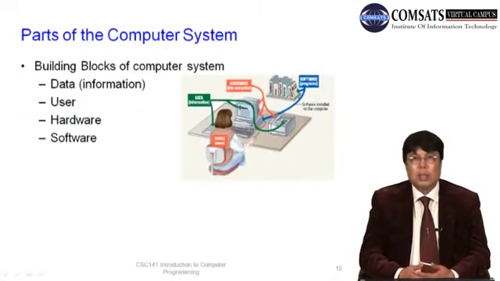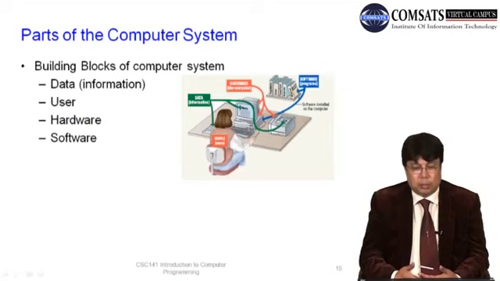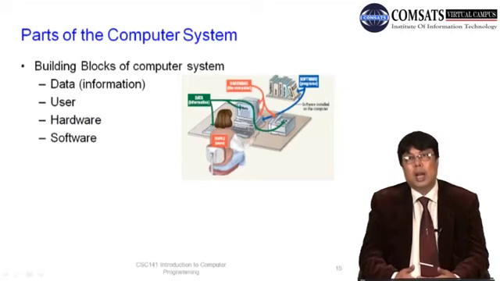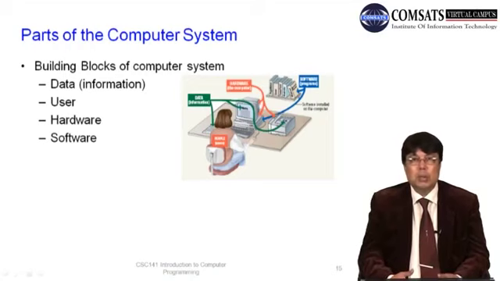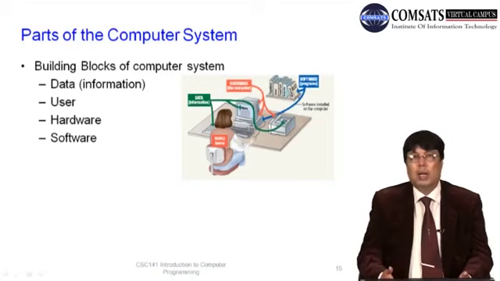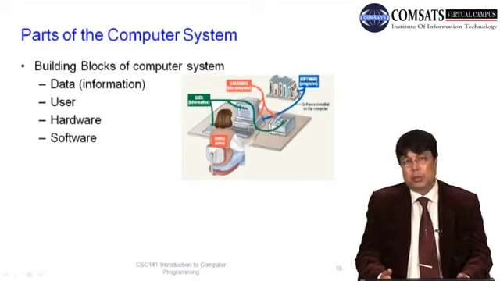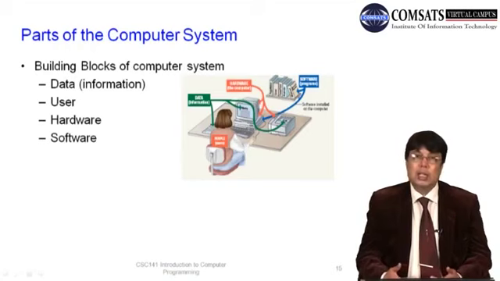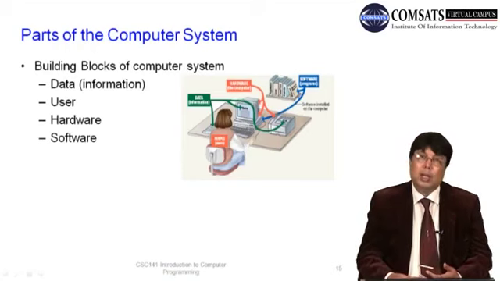Then there are some building blocks that constitute a computer system. That's not a computer, that's a computer system. Obviously any computer system should have a computer first, but we discuss it in the form of a computer system, which should have data.